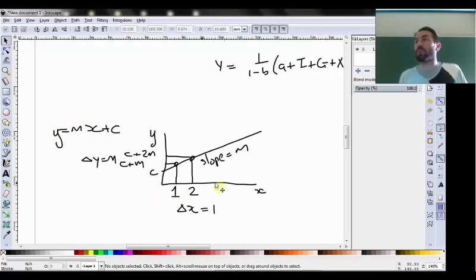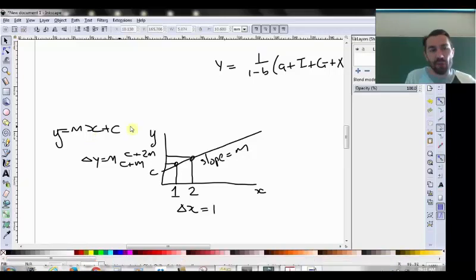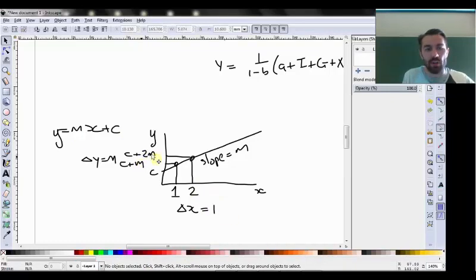Are you with me or not? It's literally grade 10 stuff. Are you with me on a straight line graph? That if I have y equals mx plus c, if I change the value of x by 1, I change the value of y by the value m. Yeah?